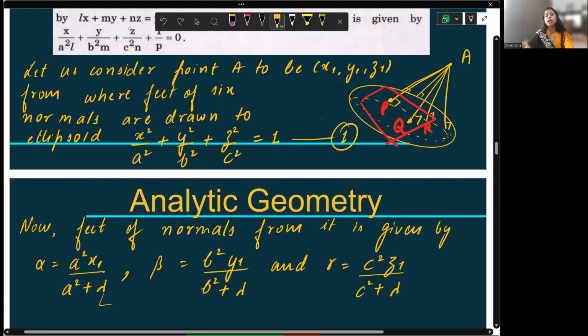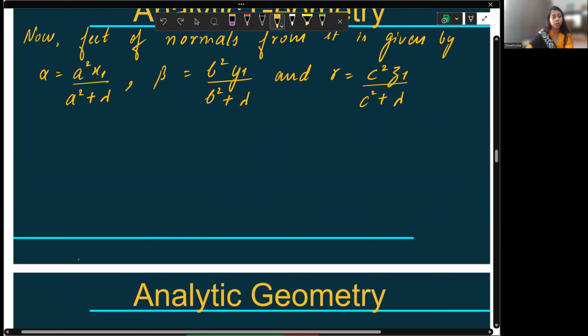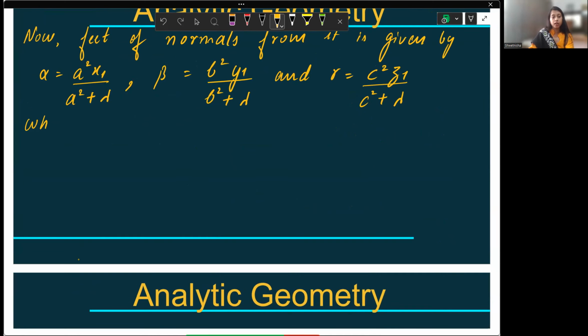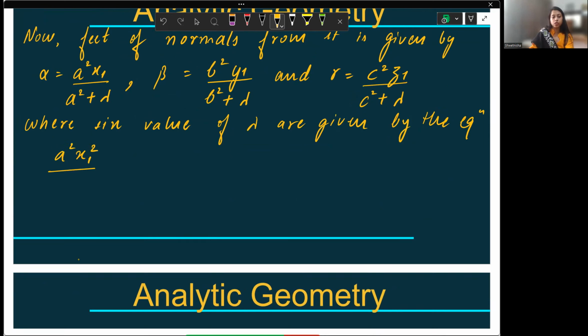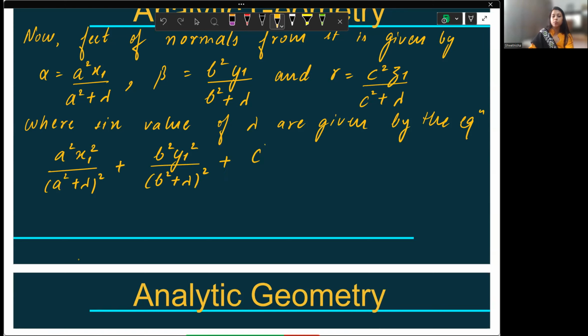So there are 6 possibilities of this lambda, and they are given by this relation, where the 6 values of lambda are given by the equation a square x1 square divided by a square plus lambda whole square, plus b square y1 square divided by b square plus lambda whole square, plus c square z1 square divided by c square plus lambda whole square, equals 1.